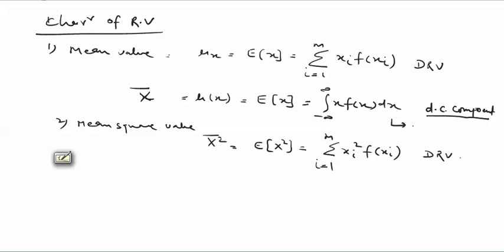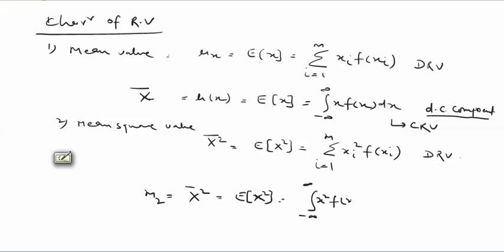For CRV, I write this equation once again. E of x square for continuous is x square fx dx. This is in the CRV domain, the total power, known as m2 also. Mean value is known as m1 also.